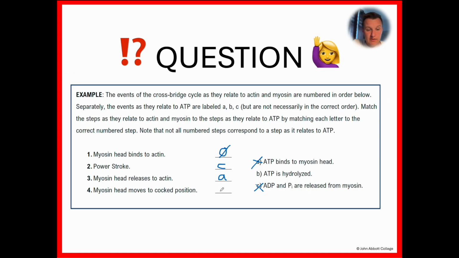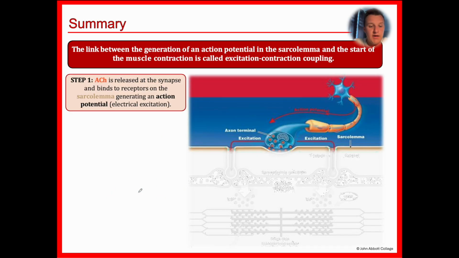So over here, we would say the myosin head moves back. That's when ATP is hydrolyzed. Remember, hydrolyzed just means hydro, using water, lysis, to cut. So we cut the ATP into ADP and phosphate in that step. That's number 4. Okay. So we're pretty much done.